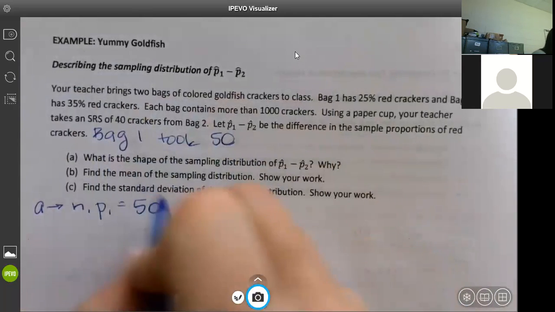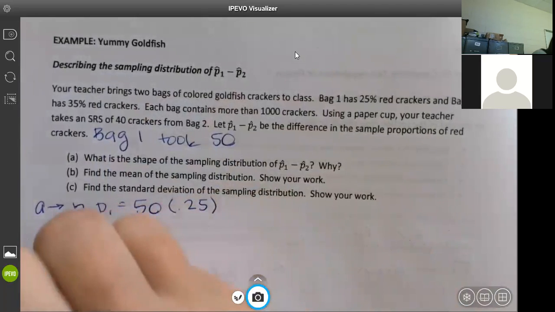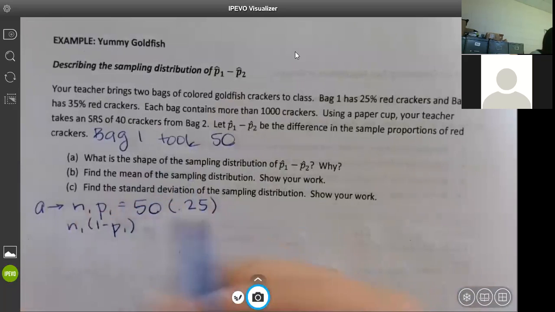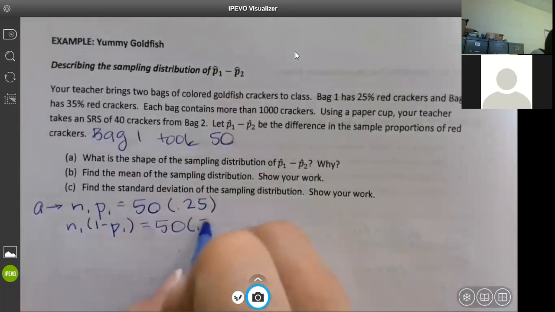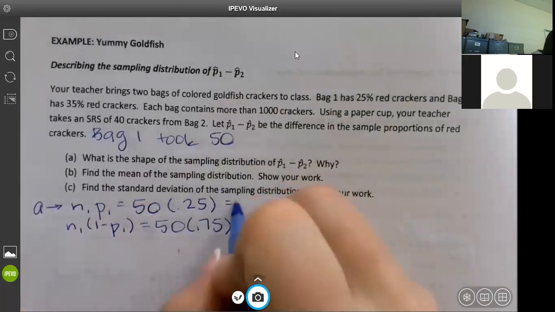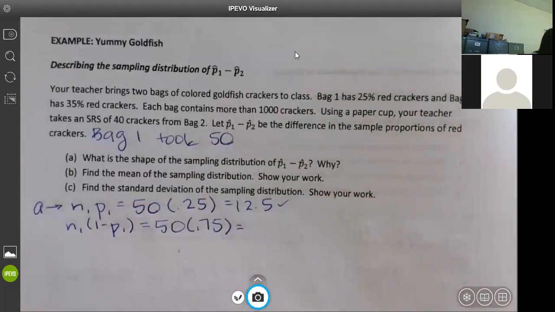So 50 times 0.25 were red, and then N1 times 1 minus P1 is 50 times 0.75. This first number is 12.5, which is greater than 10, so that one's good.